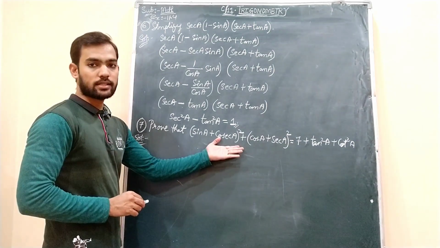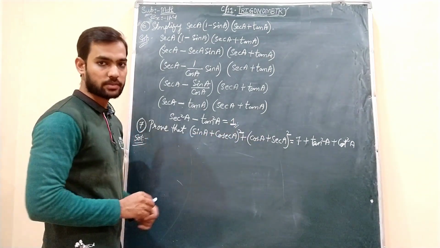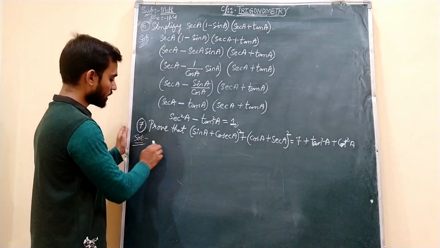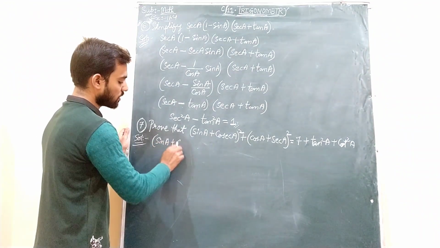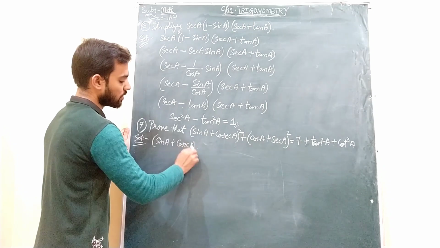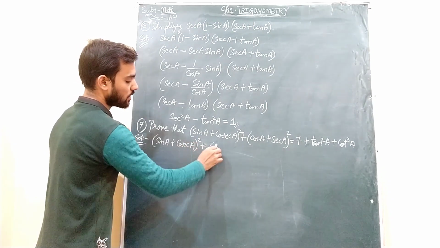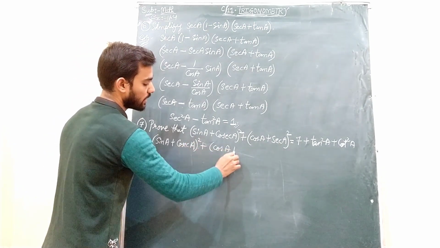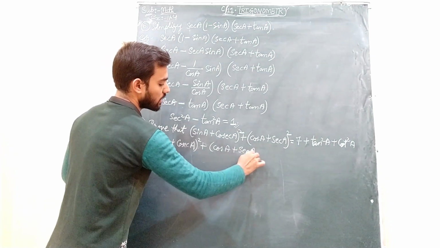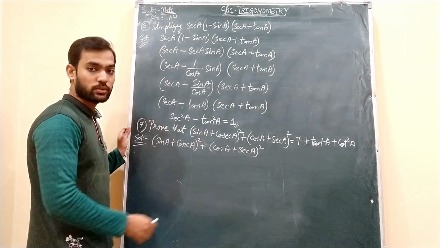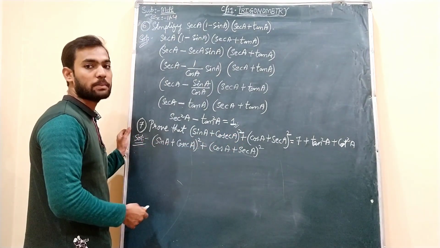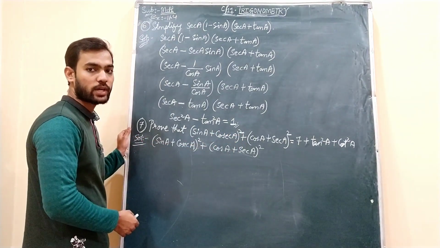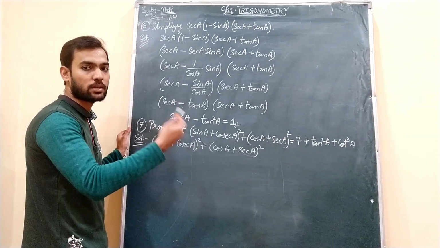First I'll take LHS, and using that LHS I'm trying to get RHS. Okay, I'll take LHS part. Sine A plus cosecant A whole square plus cos A plus secant A whole square. Okay students, here both the terms have whole squares, so we need to take A plus B whole square identity. A plus B whole square identity is A square plus B square plus 2AB.